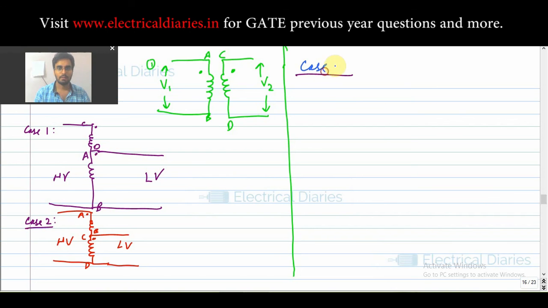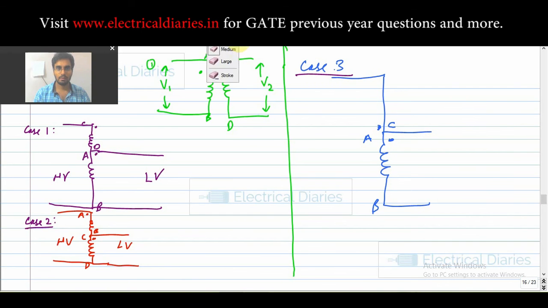Case 3 will be: A and C are shorted. A and C shorted means A, B, C shorted. This is a winding.